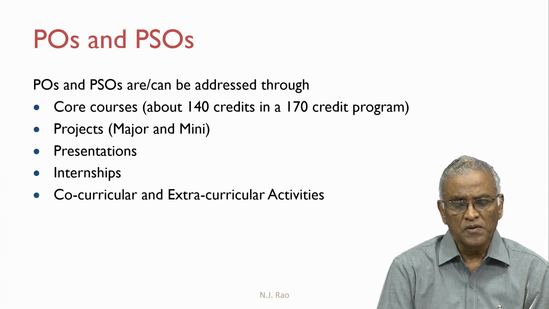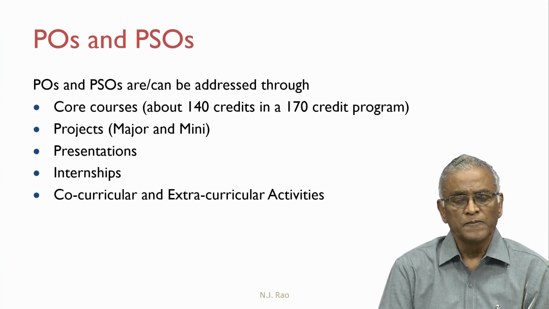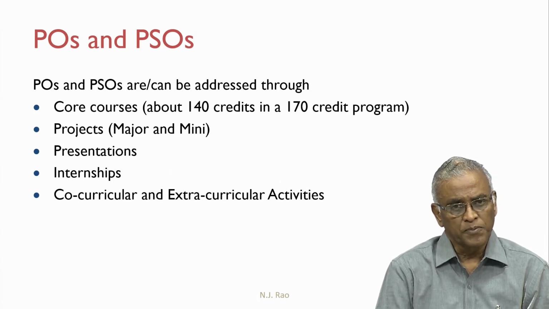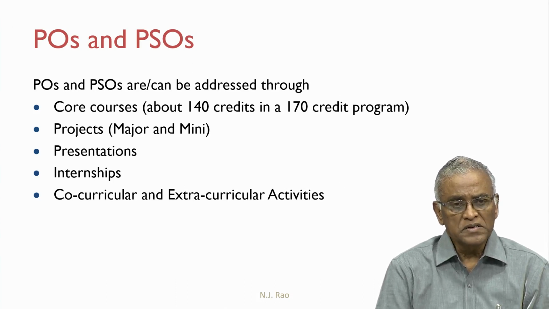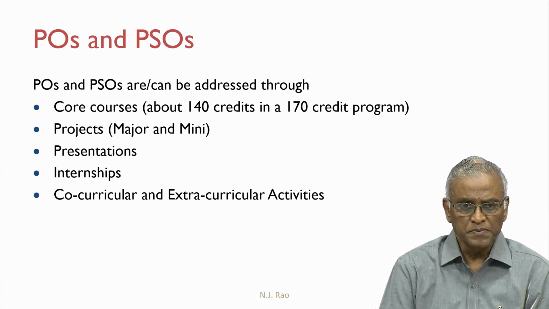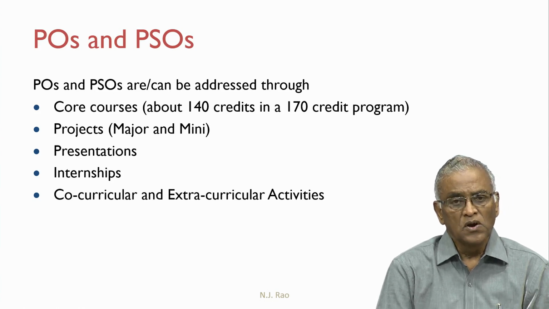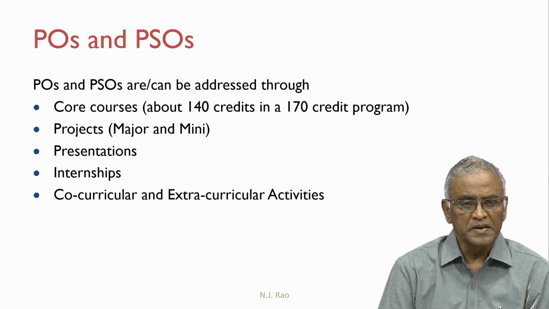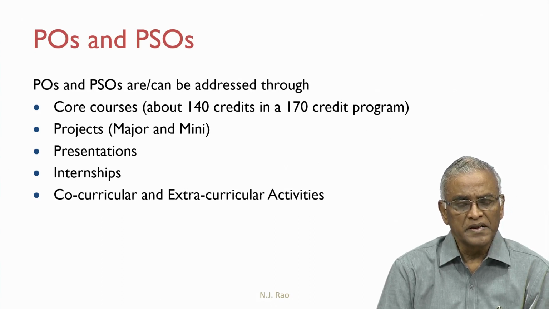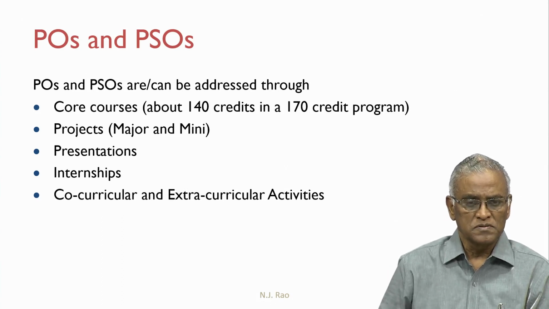These 140 credits will also include the project or projects. In addition to core courses we have projects, presentations, internship, co-curricular and extracurricular activities. All of them can be aggregated to determine the attainment of POs and PSOs.